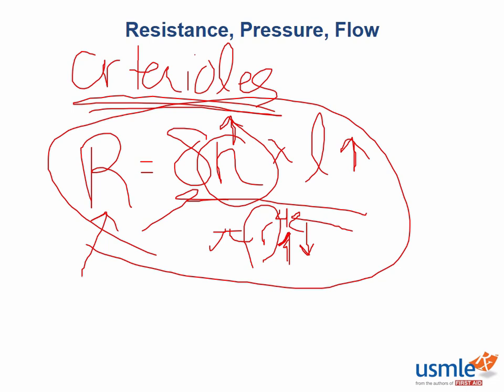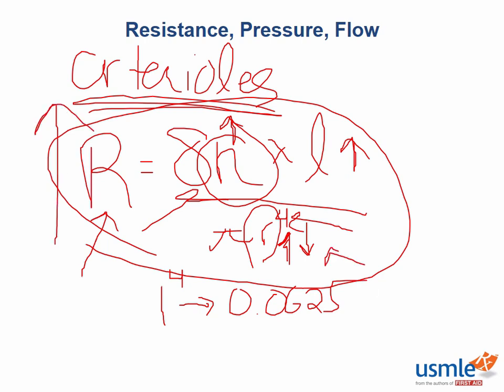If the radius of the arteriole goes from, say, 1 millimeter to half a millimeter, the denominator goes from 1 to the 4th power to 0.5 to the 4th power, which is 0.0625. When you have a denominator that small, we're going to see a severe increase in your resistance. So remember that the radius is the most important variable when it comes to resistance in the arterioles.